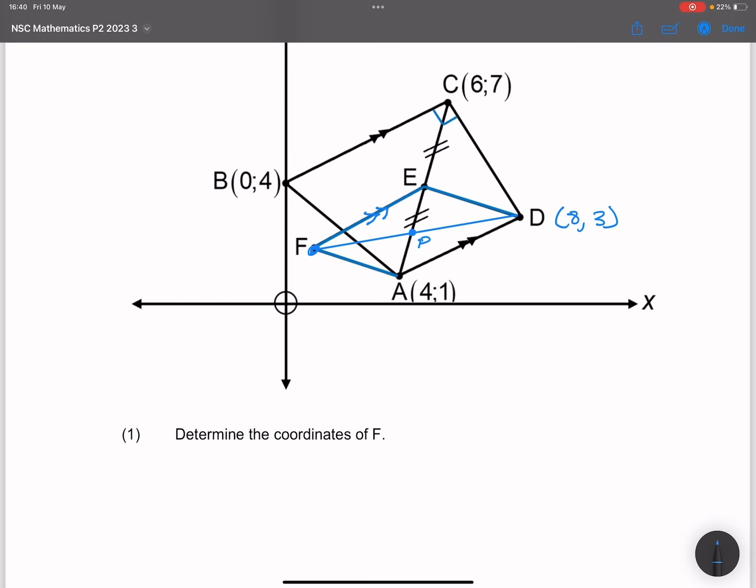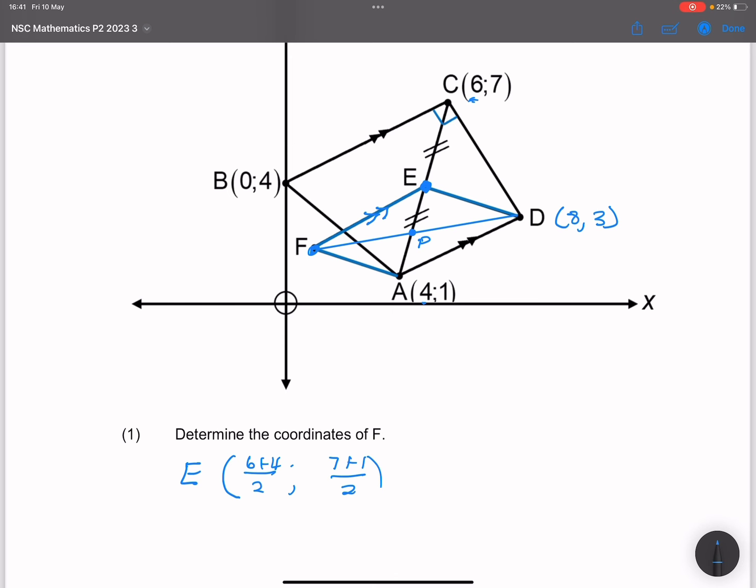Now, I've already got another midpoint, C of CA. So let's find point E. Point E would be the midpoint of CA. So I'm going to take the x values, so that's (6 + 4) divided by 2, and for my y values, (7 + 1) divided by 2.